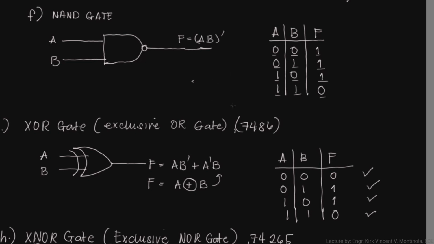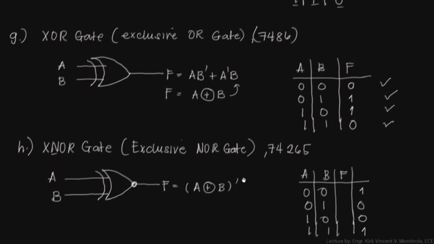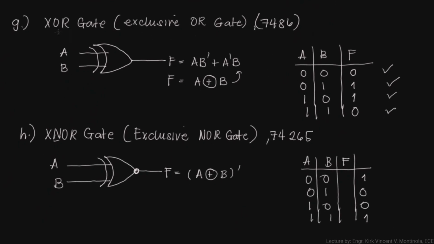Okay, so how about the XOR gate. We have the XOR gate, which you will also encounter. The X in XOR means exclusive OR gate, so you just add exclusive to the OR gate. Its symbol is just like an OR gate, but with an additional curved line here, as if you duplicated the edge of the OR gate.